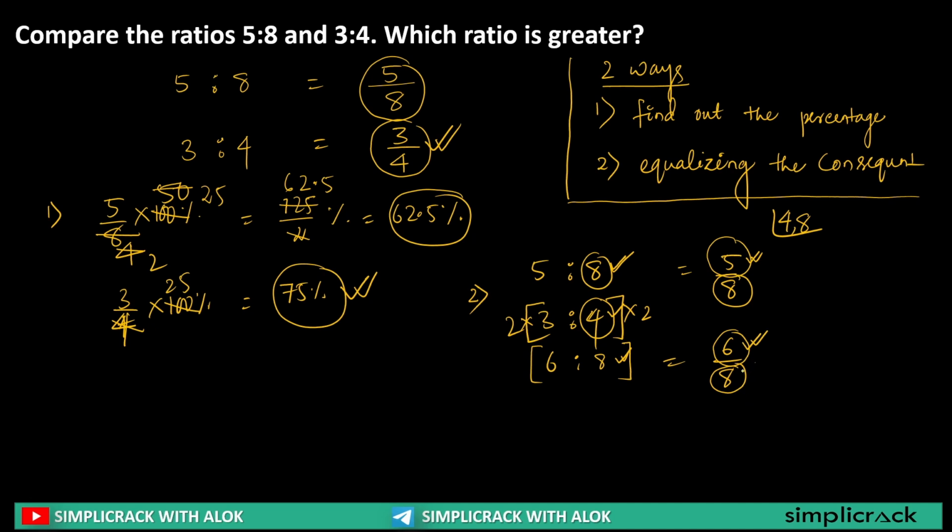So which ratio is greater? 3 by 4 is greater, because 3 by 4 is equal to 6 by 8. So whatever the question, whichever methodology you find simpler, or you can calculate faster, you should implement that. Okay. So both options I have given.